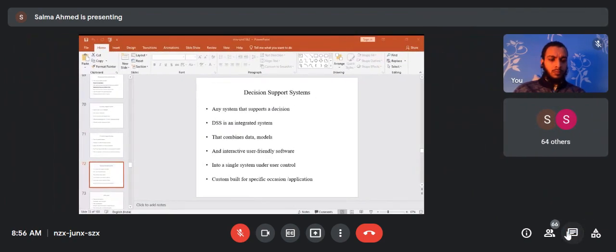For each of these levels, we have a different system operating. For the lowest level, we have what we call the transaction processing system.